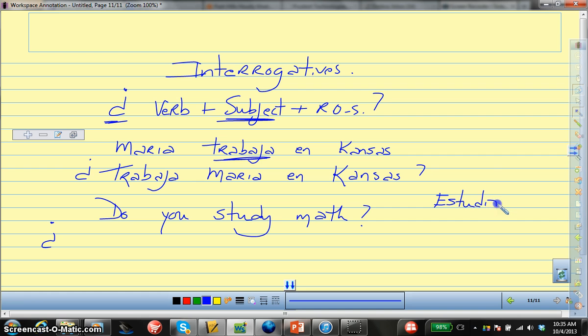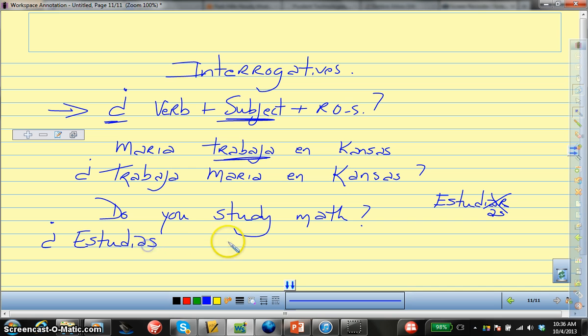So that's to study. But it's asking you, do you study? So I will eliminate the AR and put AS because that is the ending that goes for you, for tú. So you have your question mark and then you have to put your verb. That's the order of the question, right? So you put estudias.